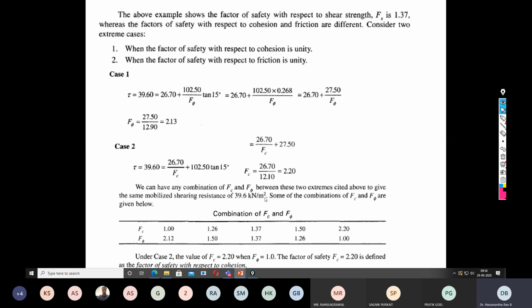Suppose I take the case when the factor of safety with respect to cohesion is unity, then what could be the overall factor of safety and what could be the factor of safety against the friction. So this can be determined.